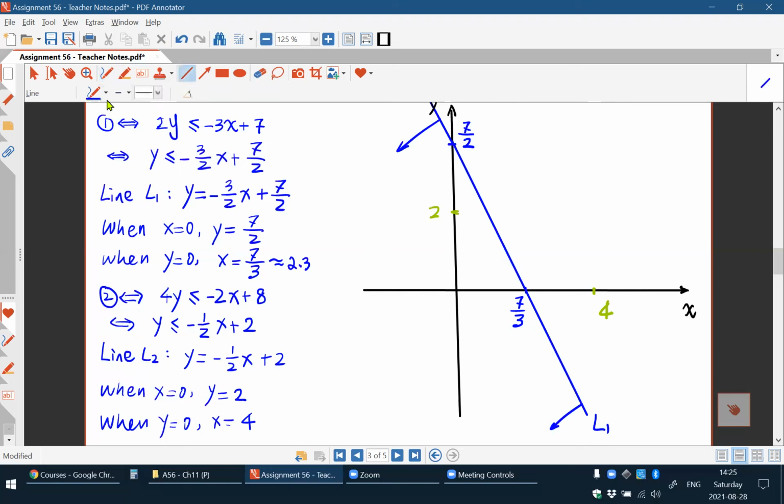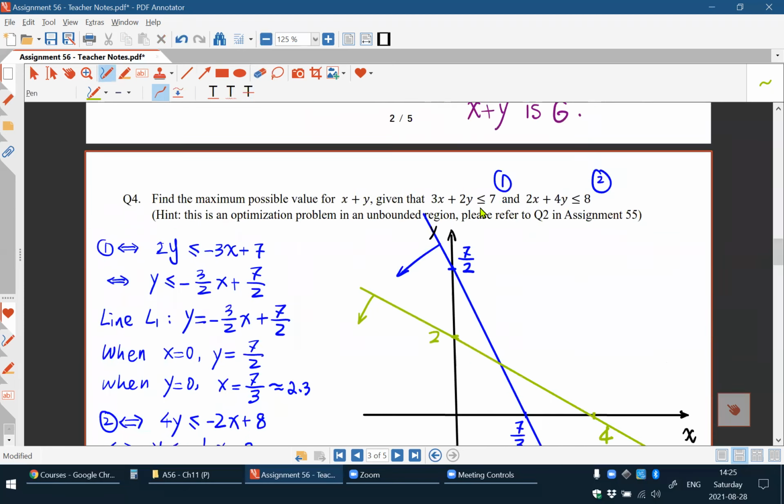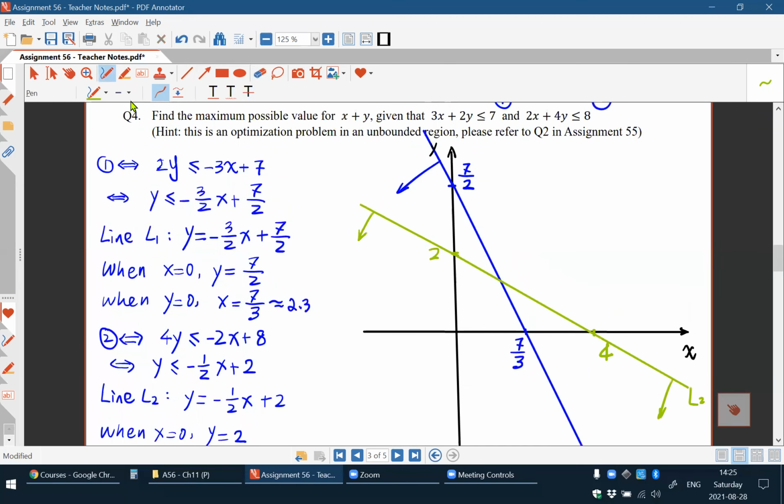Remember, you need to ensure the relative positions of each element are correct. So this is our line number 2, L2, and the inequality states that y should be less than or equal to, which corresponds to a region below this line. Anything else? No, these are the only constraints we have.